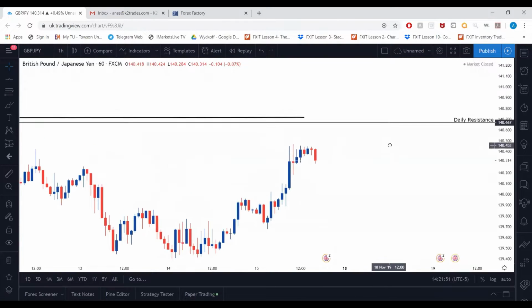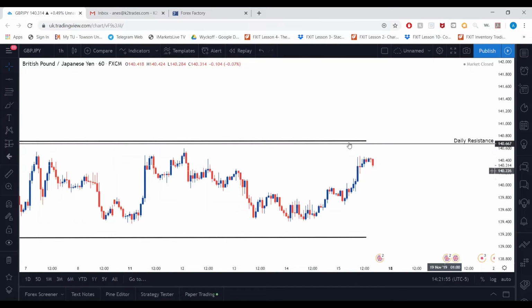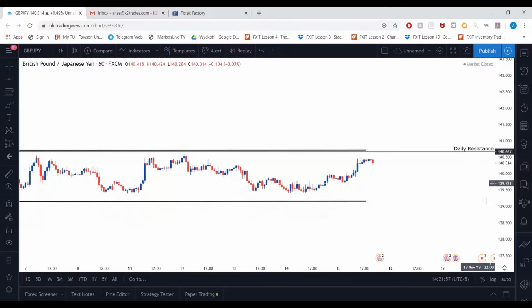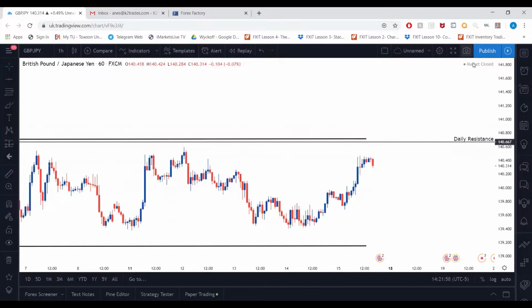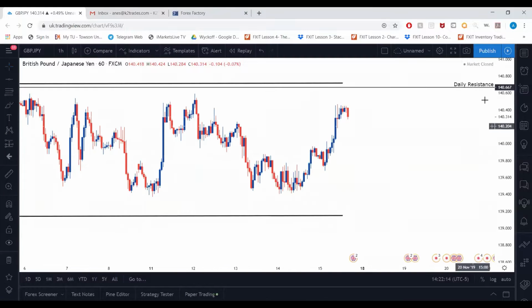Otherwise, buying is really not in sight unless we see a breakout of this resistance and retest, and then we can aim for some higher levels on GJ. But from me, and I've been trading GJ for a pretty long time, I would like to see this come back down.